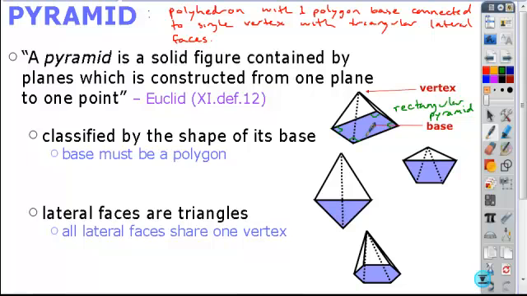Almost all solids that we'll be dealing with, almost every single one, will be a right solid. If you remember, the term right means at a 90-degree angle.